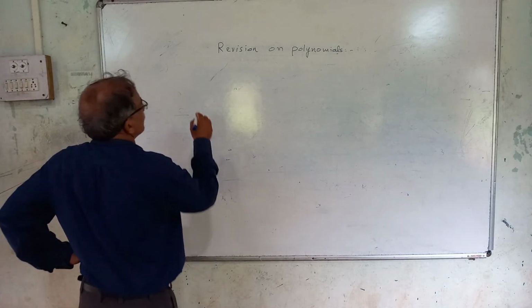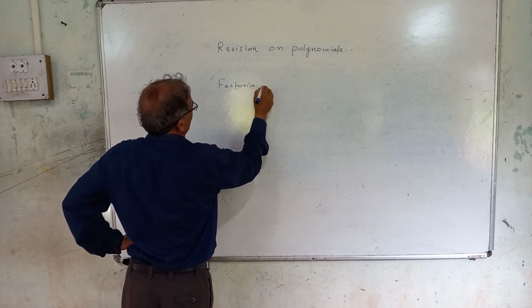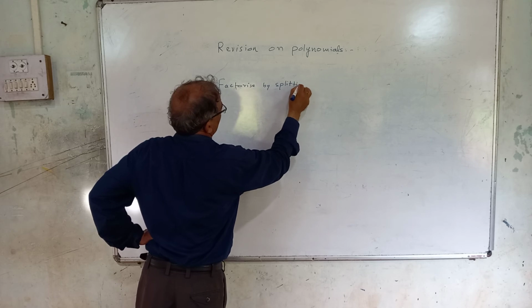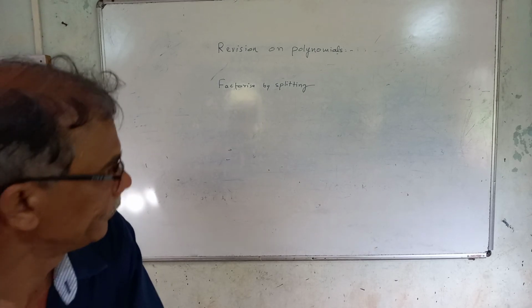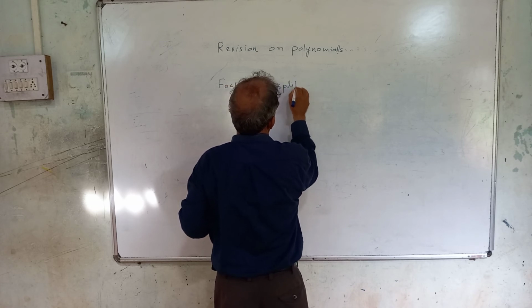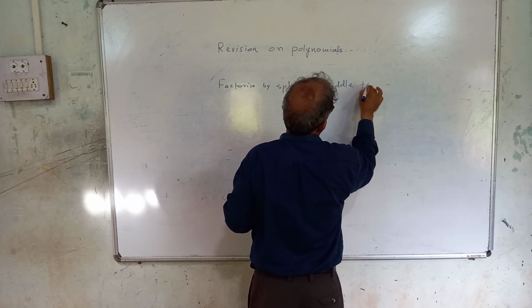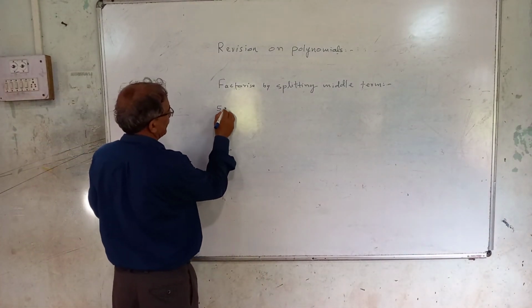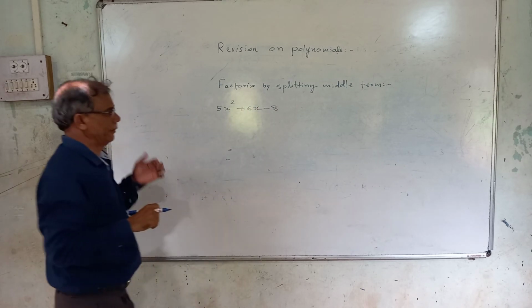Then factorize by splitting the middle term. 5x square plus 6x minus 8.